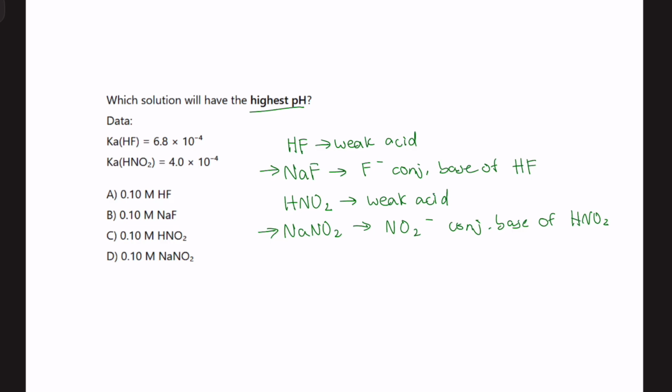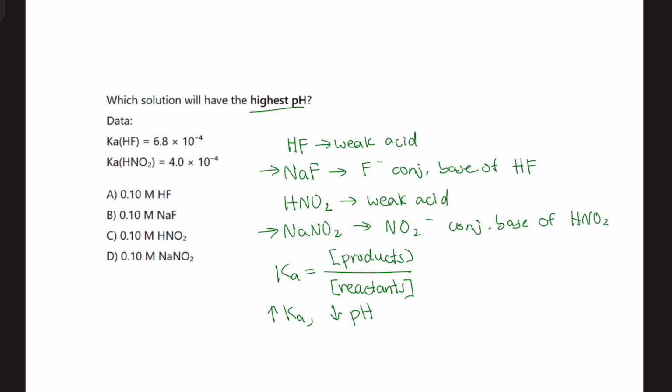Well, we have to look at the Ka values. So Ka, remember, is the concentration of products over reactants. So if I have a higher Ka value, what does that mean? It means that the acid dissociated more into the products, which means it will have a lower pH.